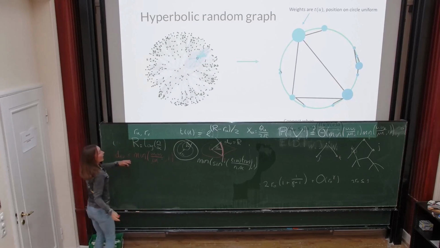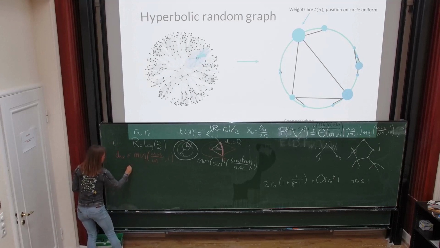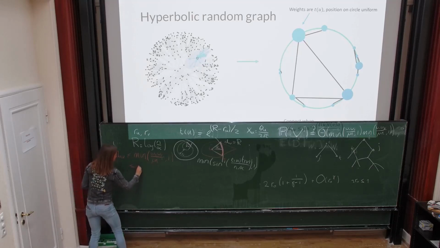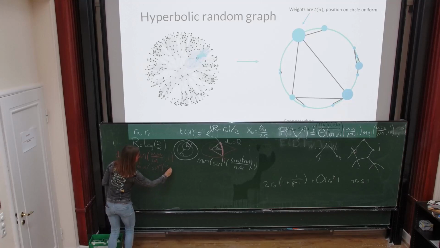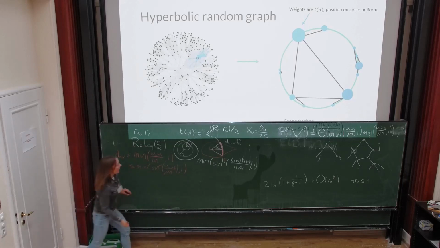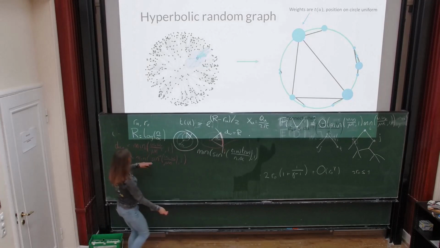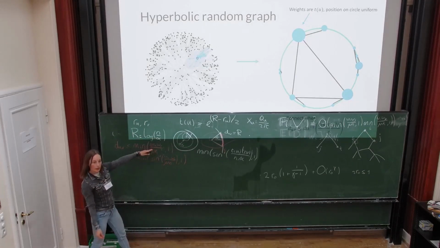This model is not exactly the same, because in this model you connect when it's smaller or equal than the minimum of the inverse sine of WU, WV by mu n. But actually, if you Taylor expand this for this quantity small, you get the same thing.